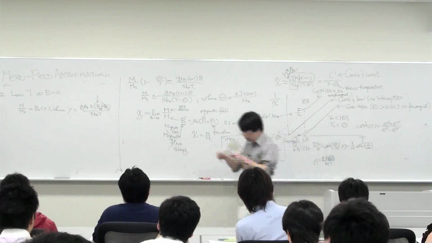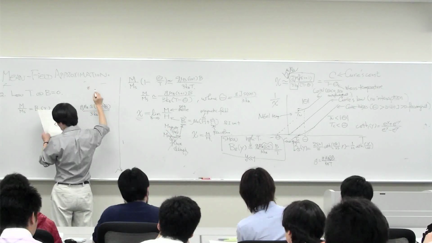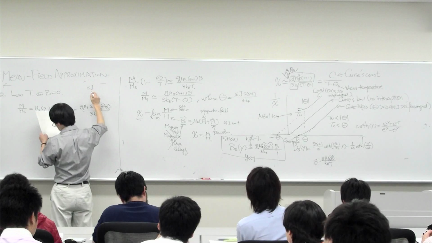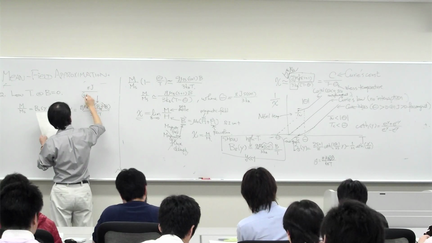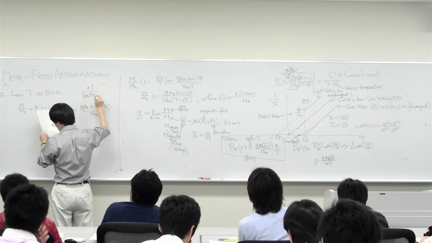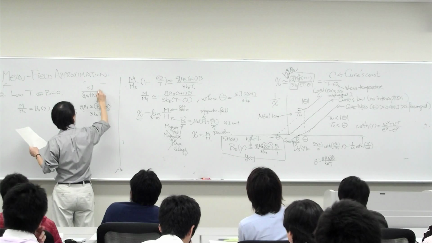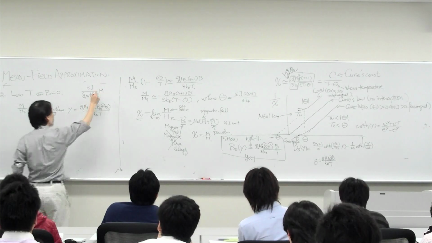All right. The number of nearest neighbors times the exchange integral J divided by g times mu sub B squared times N Avogadro times the magnetization, right? I have dropped these arrows.